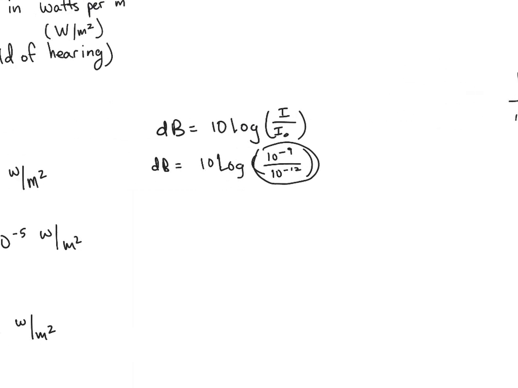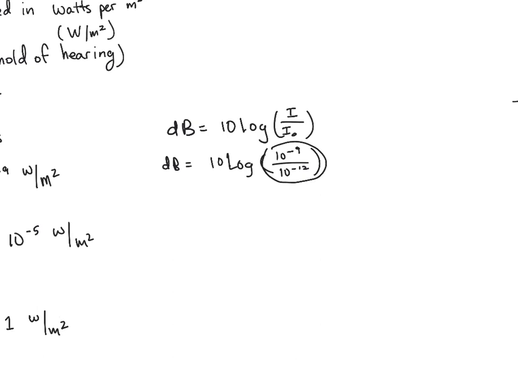So these actually you can do without a calculator. I mean, you're welcome to use your scientific calculator, but since we're dealing with base 10 numbers usually and log base 10, some of these are pretty easy to do by hand. So this turns out to be 10 times log of 10 cubed. Log base 10 cancels the base 10 there, and we get 10 times 3, which is 30. So a whisper registers as 30 decibels.